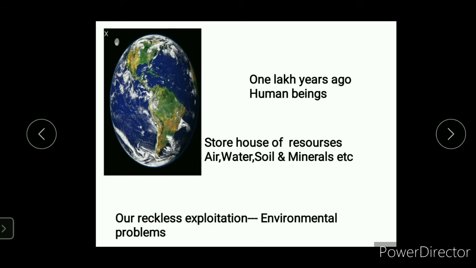For a long period, we exploited it. And today, we realize that what we have done is a wrong thing. Today, we are building a new understanding about earth, that we need to protect the earth, because the protection of the earth is protection of our life, right?